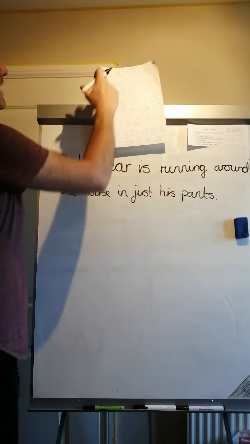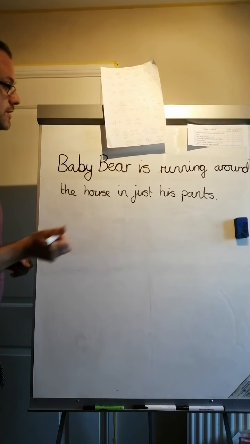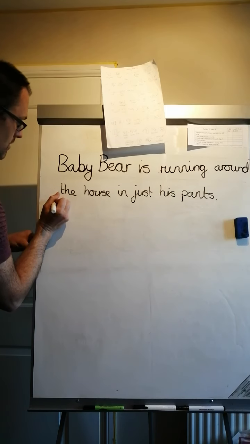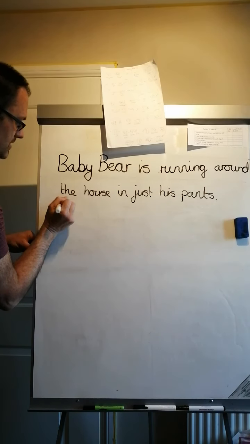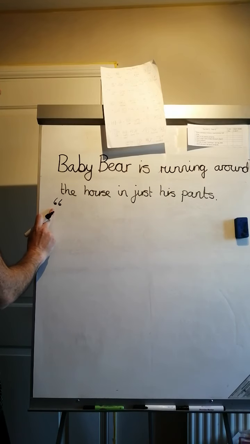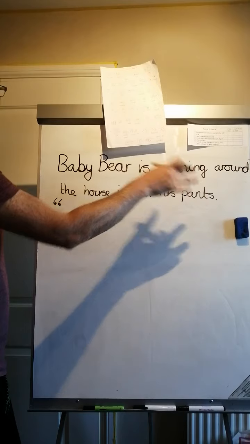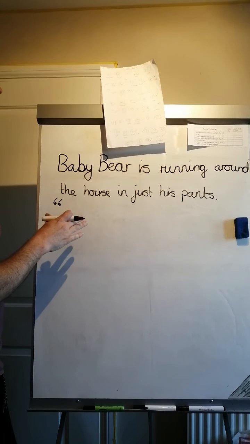I need to say now what he's doing. Now he's speaking, so I need to make sure I include my inverted commas. So, my 66 and my 99. My 66 goes first. You'll note that this is not on the toolkit, so if you forget it, don't worry about it.